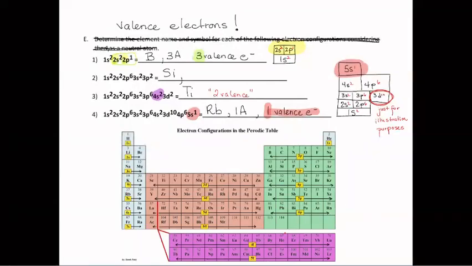Even if it's a metalloid, it is still a representative element. What's the column where silicon is? Great job, 4A. So how many valence electrons? 4 valence electrons. So where are the 4 valence electrons living?